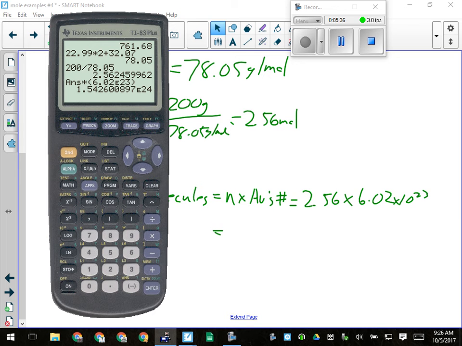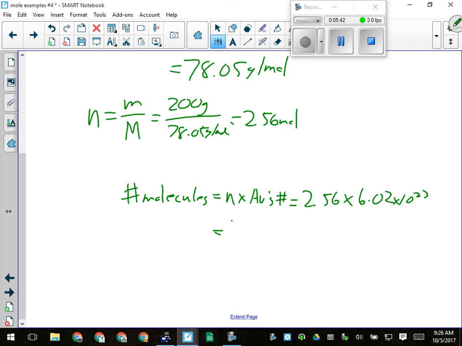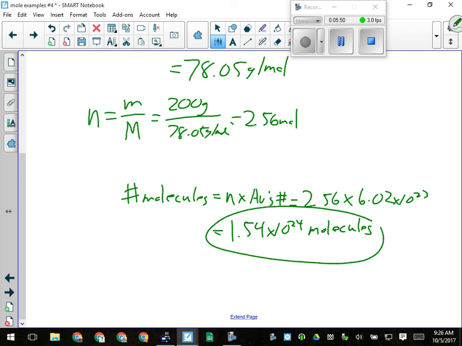I get 1.54 times 10 to the 24 molecules. So that's a 4-mark question: 1 for the answer, 1 for this operation, 1 for that operation, and 1 for the givens. How many people are done number 4?